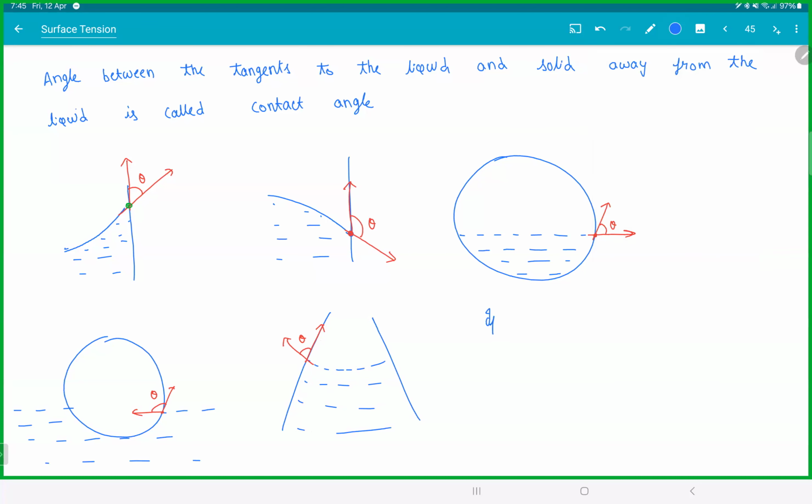So if theta is acute, these are wetting substances. If theta is obtuse, these are called non-wetting substances.